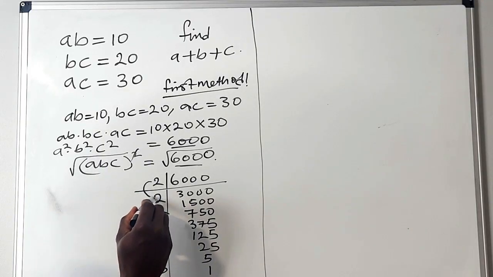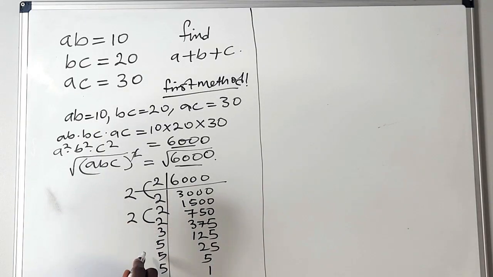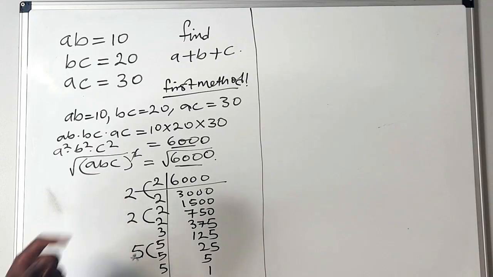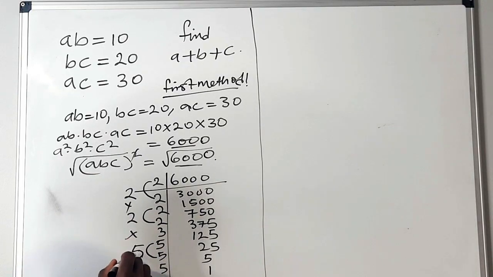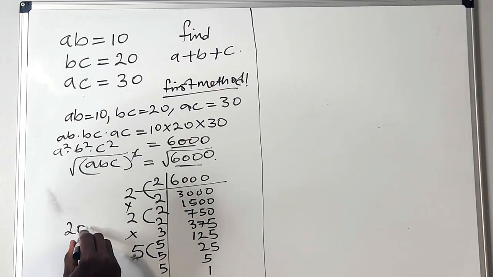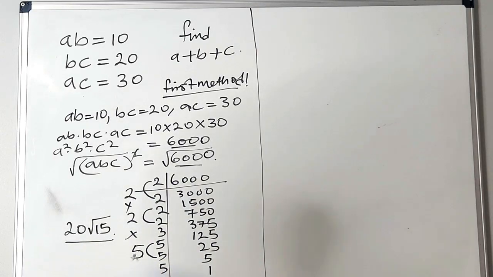So let's try to group these together. And we have 2 5s. So now we have 2 times 2 is 4, 5 times 4 is 20, and we have 3 and 5. 5 times 3 is 15, so we have 20 root 15.